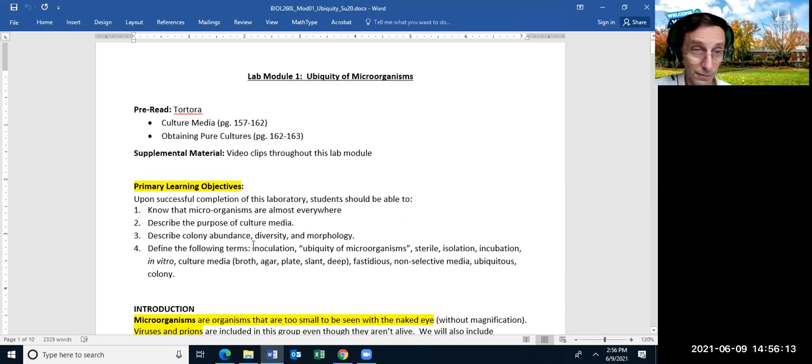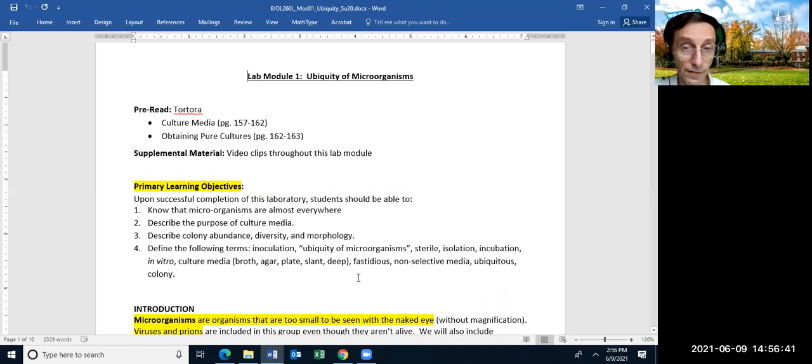And you should be able to define the following terms: inoculation, ubiquity of microorganisms, sterile, isolation, incubation, in vitro, culture media, such as a broth, an agar plate, an agar slant, and an agar deep.